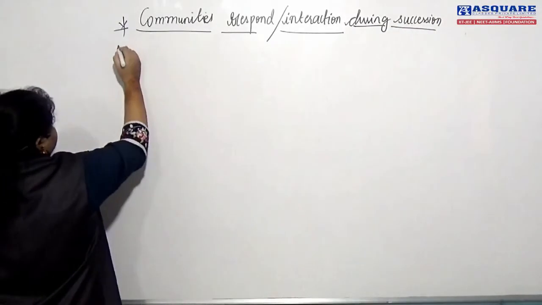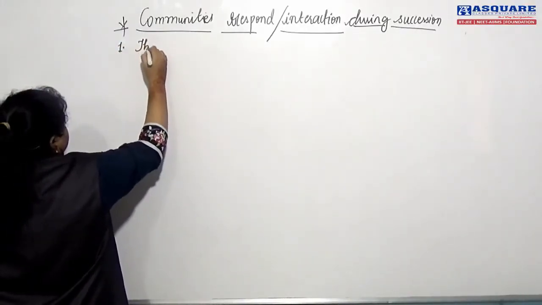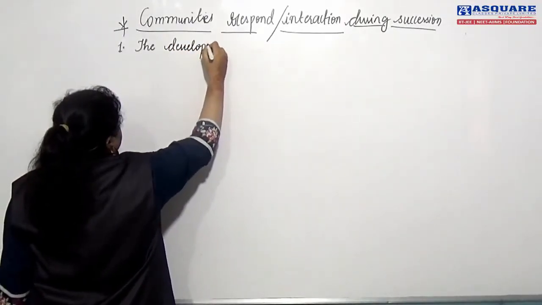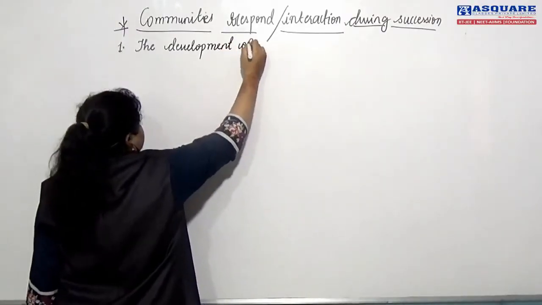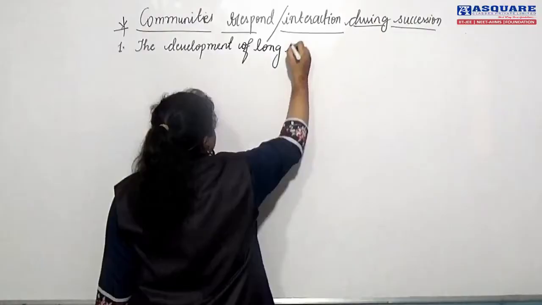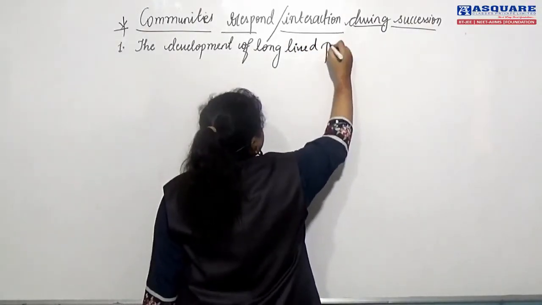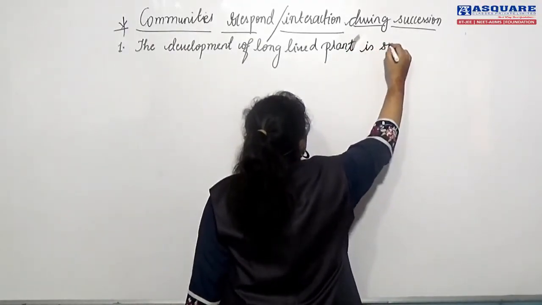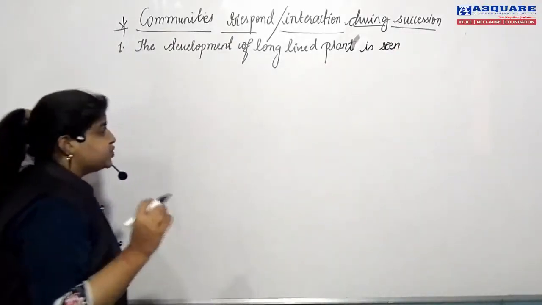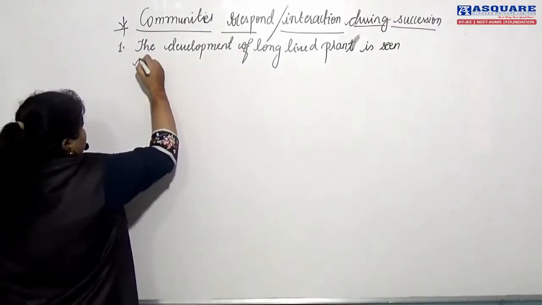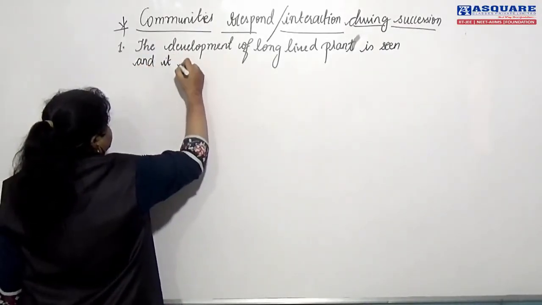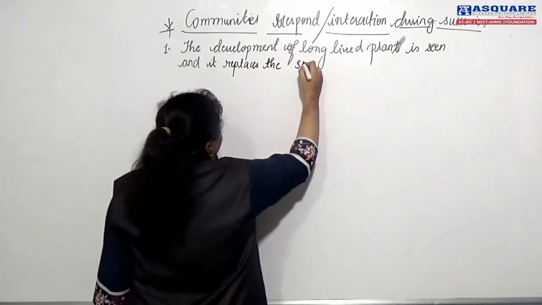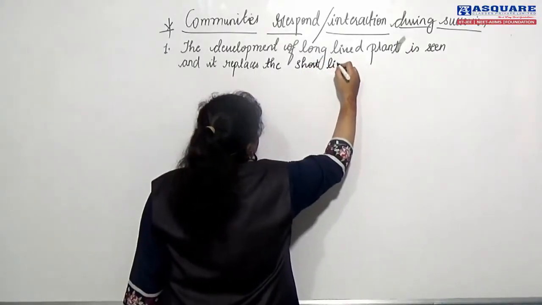The very first point it says is the development of long-lived plant is seen, and it replaces the short-lived plant.